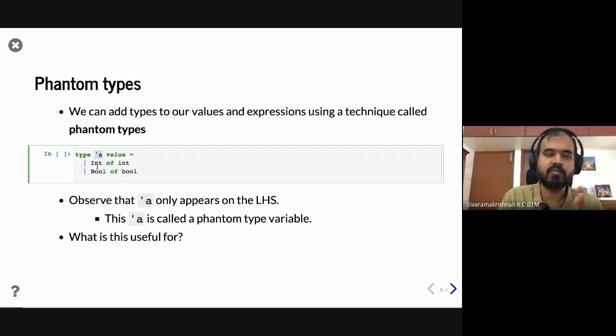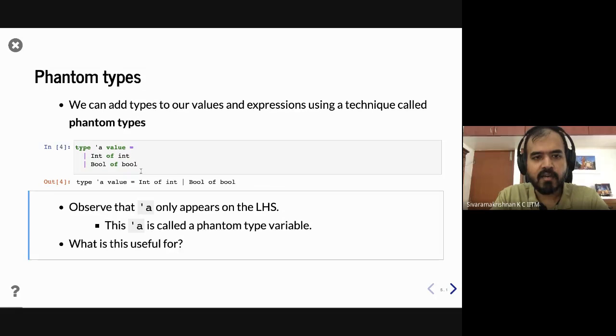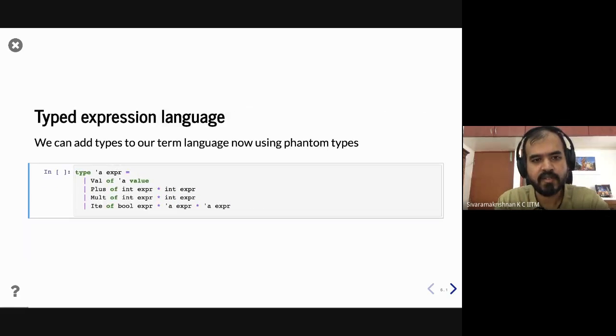Because they appear out of nowhere and they are sort of there. What are they useful for? They are not relevant to the values that you're constructing. The idea is that you can specialize this type variable to anything that you want, right? It doesn't matter actually, but you can use it for an important reason, which is what we will see here.